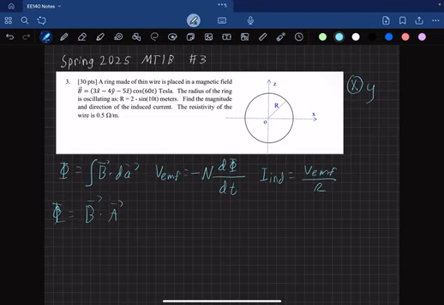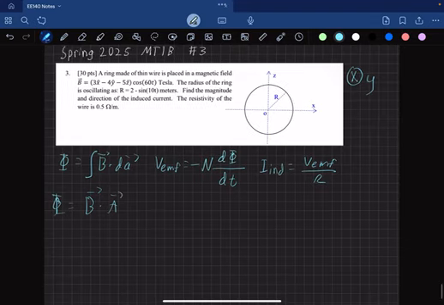Now this is a simple dot product, and this equals the magnitude of B times the magnitude of A times cosine theta, which is the angle between the two vectors. Now our area vector will be perpendicular to our given ring, so we can choose it to be in the negative y direction or the positive y direction. And then our B field has components in the x, y, and z direction.